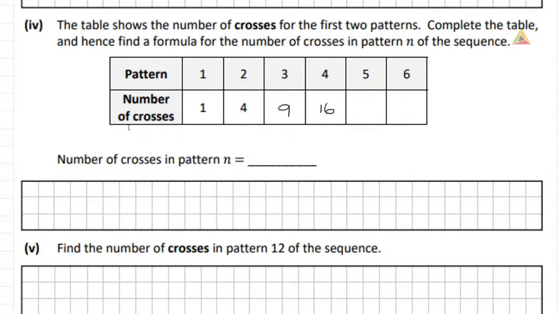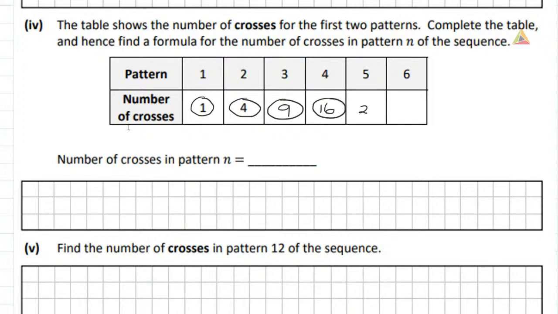So we need to look at, well, what's happening here with this pattern? We could do this using our formula for our first difference, and then that won't be the same in our second difference, but they're not giving us a lot of space here because what they want us to spot is that this is 1 squared, this is 2 squared, this is 3 squared, and this is 4 squared.